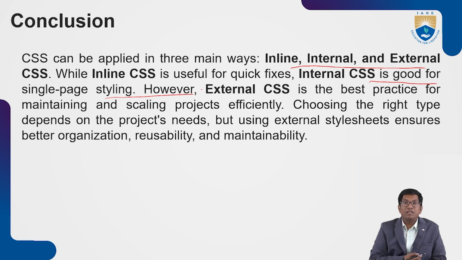So when you have to do single page styling, use internal styling; for assigning to a single element, you can use inline CSS. External CSS is best practice for maintaining and scaling projects effectively. So when you have a large project, you have to apply the same properties for all the pages, then you can use external CSS.